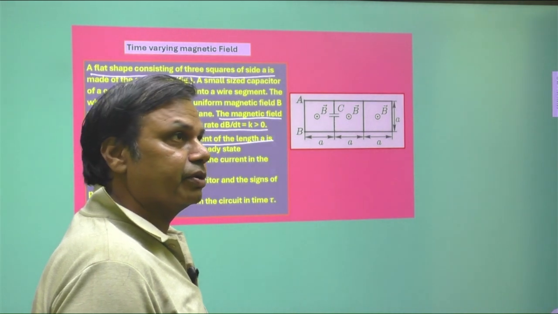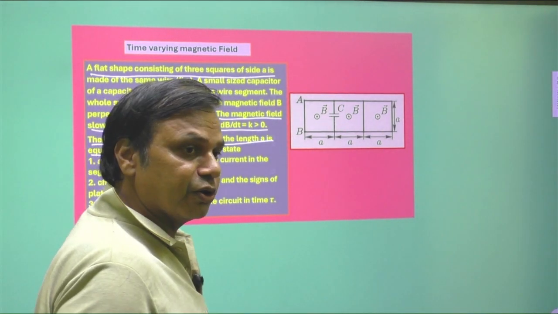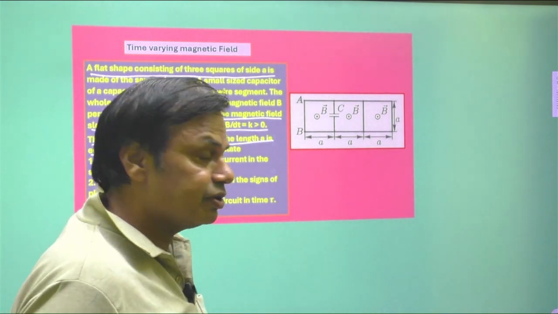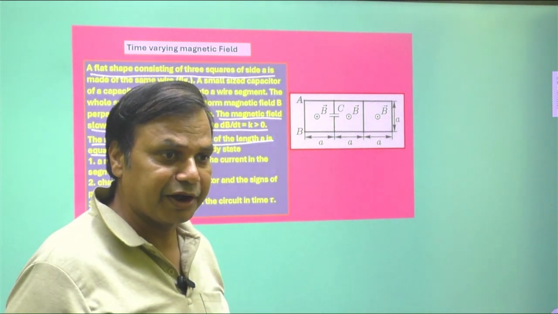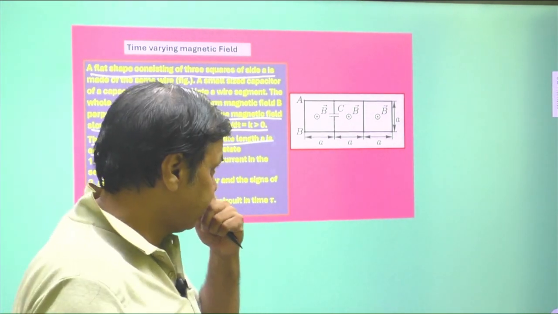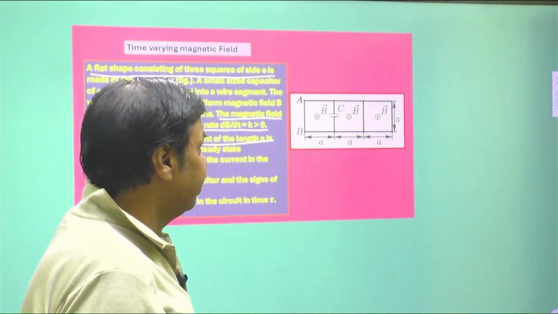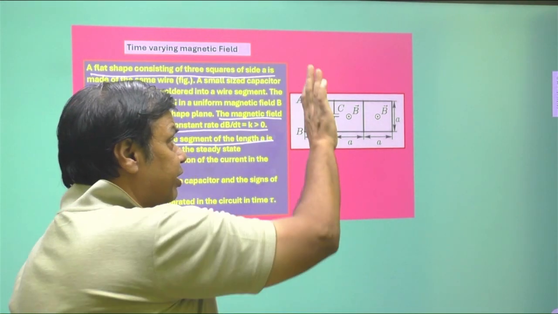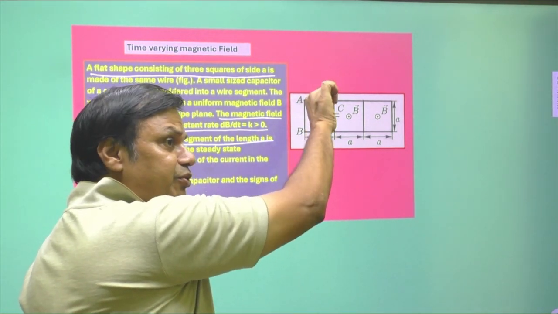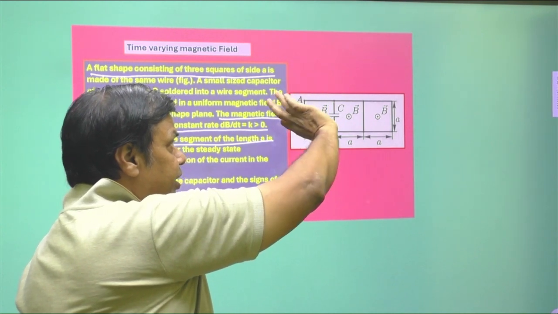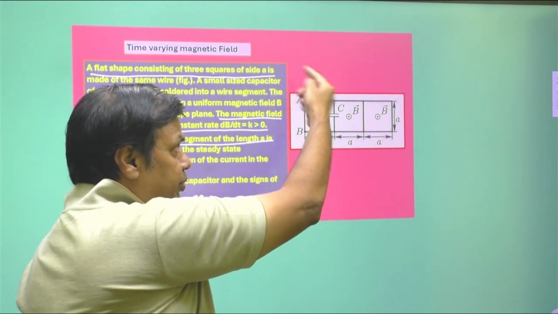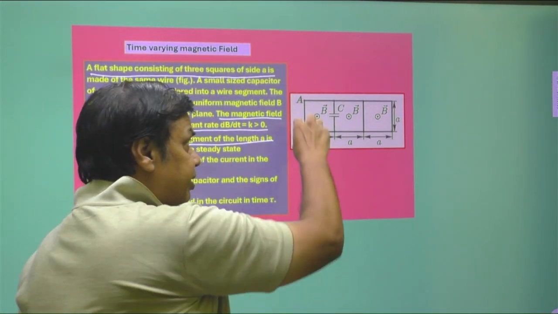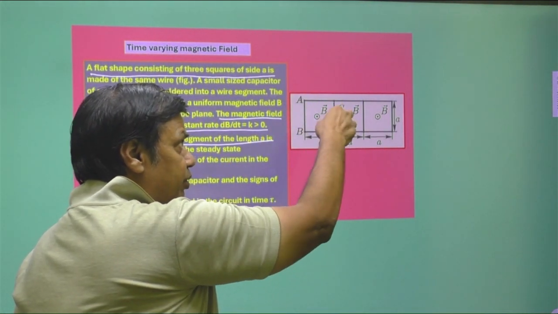So there are loops, and they are going to oppose this increase in magnetic flux through them, and then they will produce a magnetic field in this direction, opposite to the increasing magnetic field. That means they are going to produce an EMF that will drive the current in the circuit in the clockwise direction.